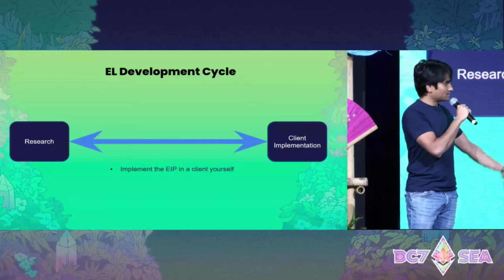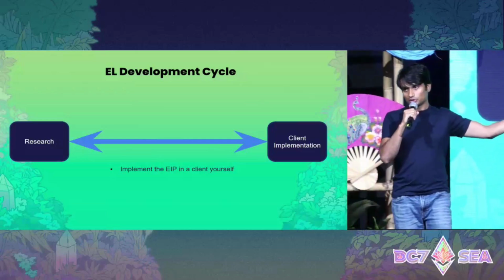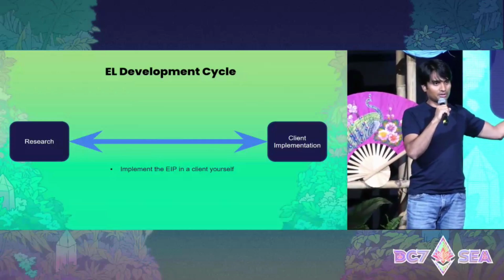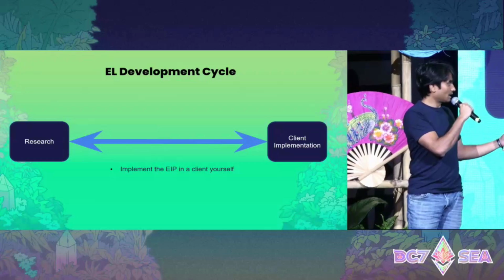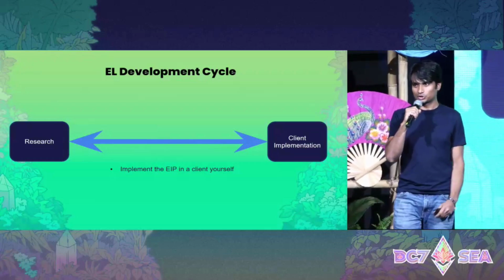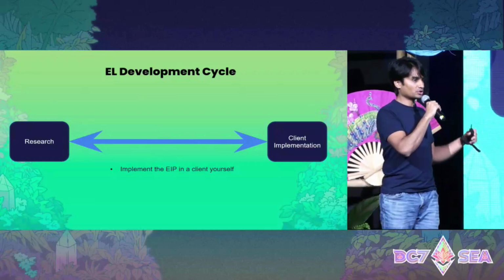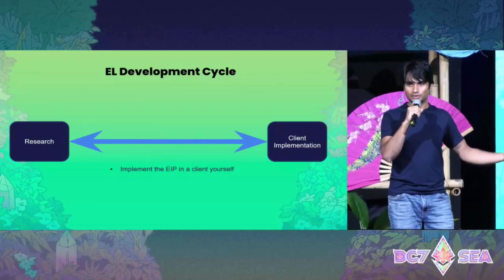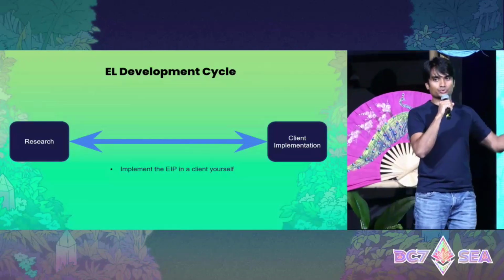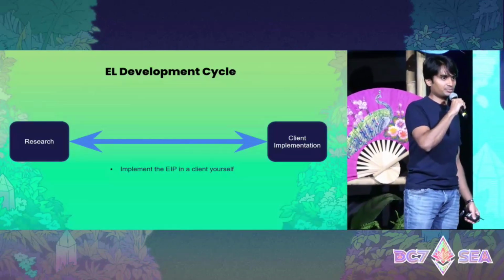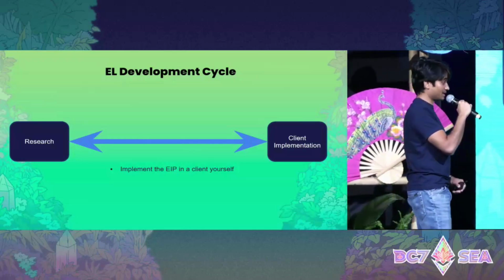Like I just mentioned, these clients are production-level software. These are not very simple softwares to work with, and there are a lot of moving parts to them. So someone who's not intimately familiar with the code base might find it a bit of a step to go and implement their EIPs in a production-level client.